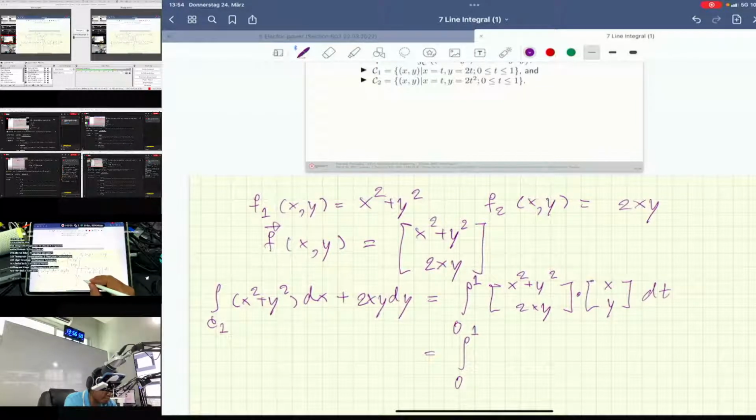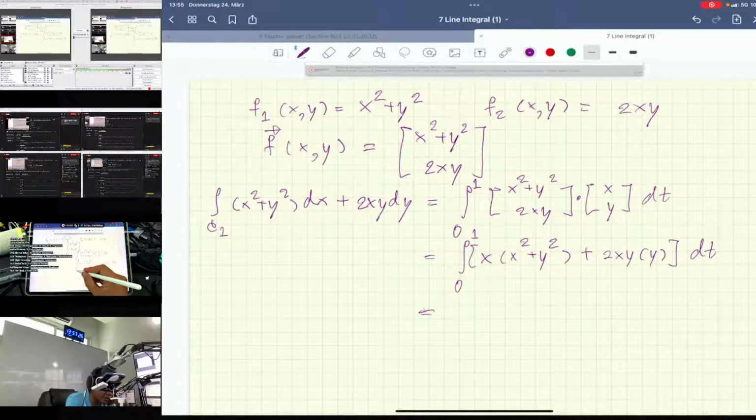And here you have the dot product, right? It's x squared plus y squared plus 2xy and y, right? And dt, right?